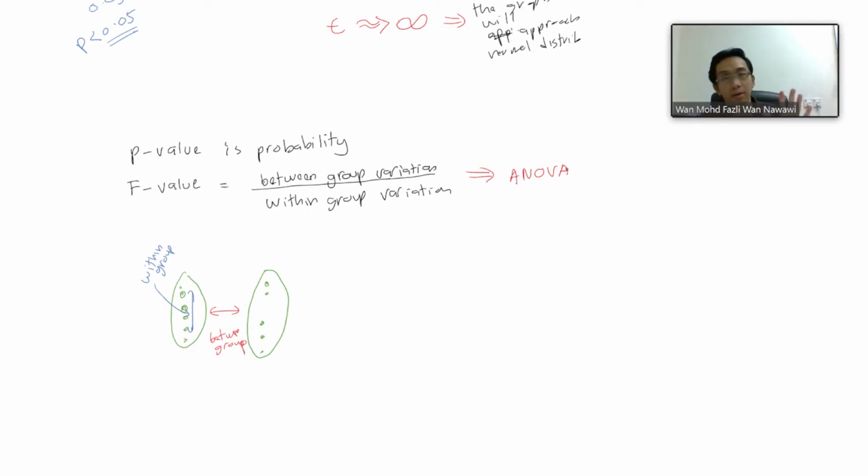In RSM, you don't need to select anything. You put in your result, you click ANOVA, and the ANOVA is there. But factorial is not like that. You need to select first, because when you select, you basically separate the between group variation and within group variation. Then you get the ANOVA.